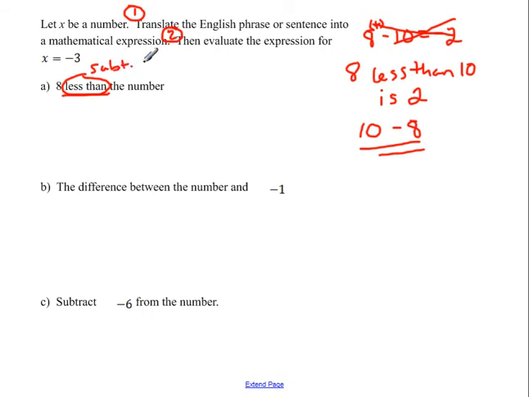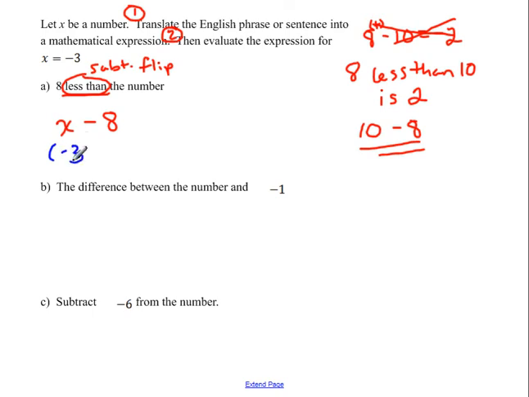We have to be sure that whatever they're telling me, 8 less than the number, the number has to come first, and from that number I need to take away 8 in order to make it 8 less than that number. Now we can go ahead and do our evaluation.